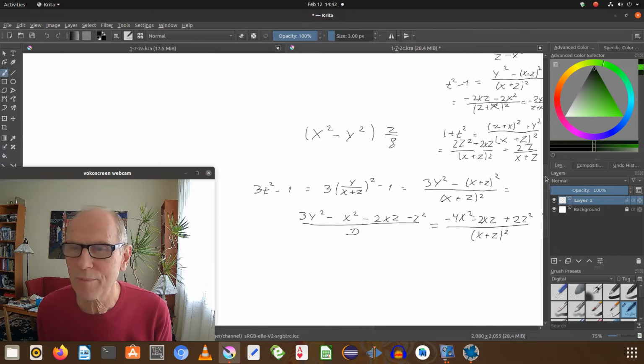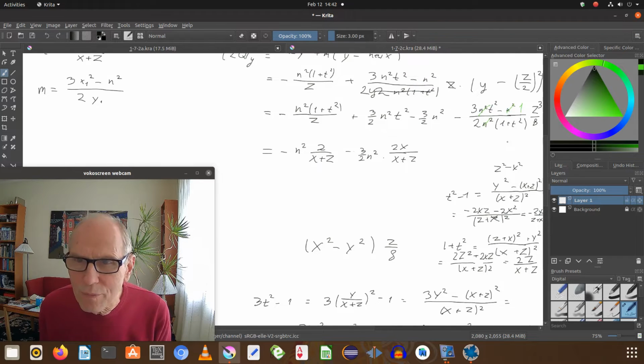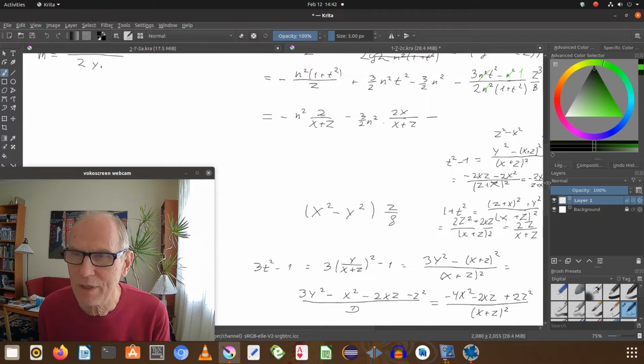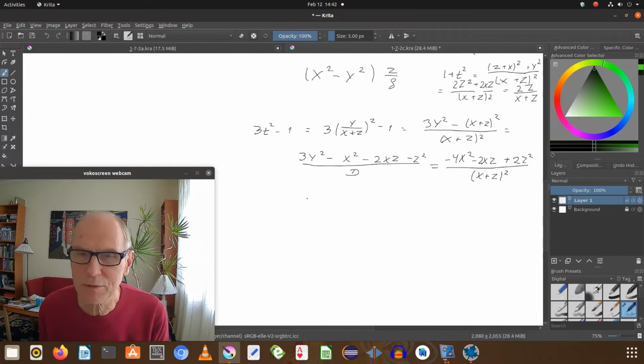So that was minus, that was the one down here. No, that was 3t squared minus 1. So we divide it by 1 plus t, so we'll just do that.